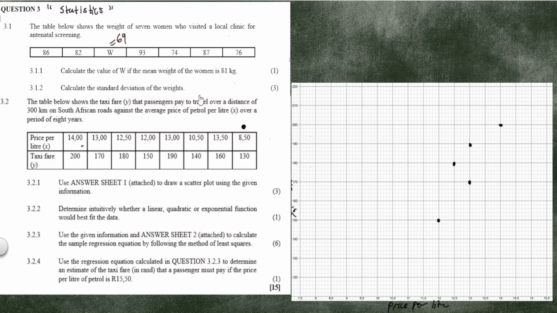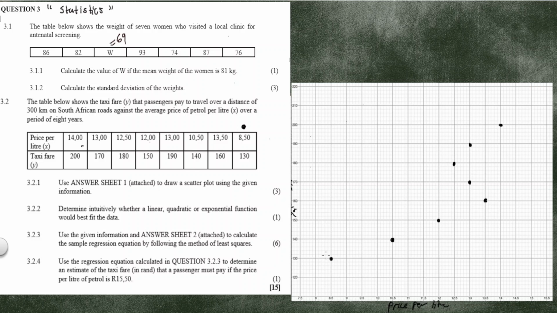Then another point, 10 rand 50 with 140. Then 13 rand 50 with 160. And then we have 8.50 and 130. So these are the points for the scatter plot.